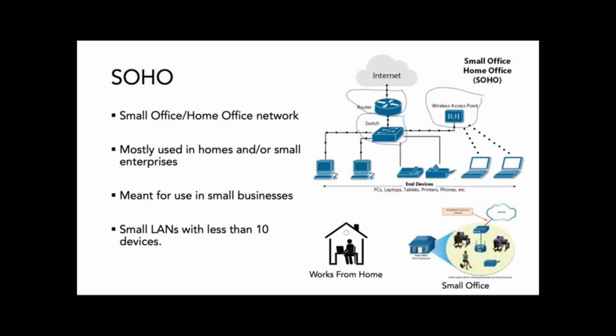A SOHO network can be a small wired Ethernet LAN or made of both wired and wireless computers. In a typical small Ethernet-only SOHO LAN, a device called an Ethernet LAN switch provides many physical ports into which cables can be connected from PCs, printers, and a network device such as a router.